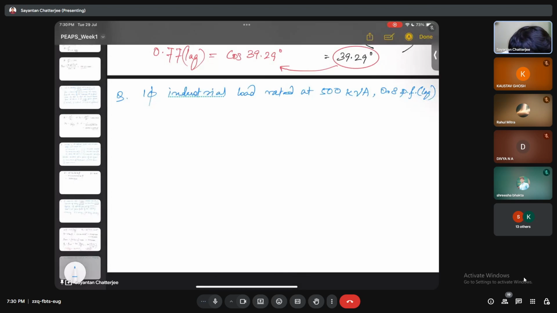So the load is installed with a synchronous condenser of 100 kilowatt.